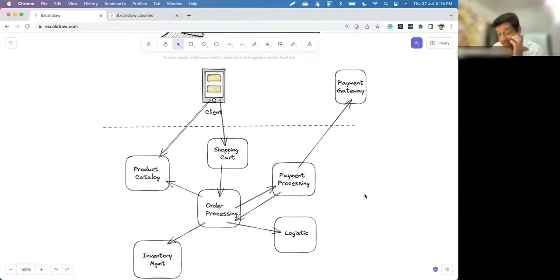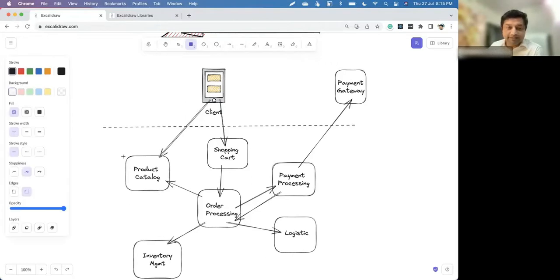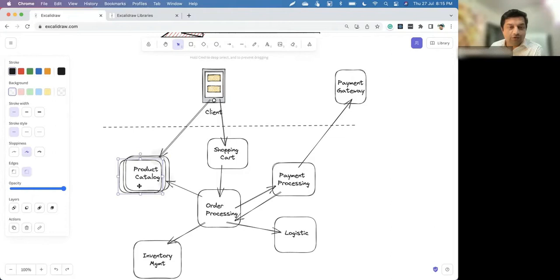So there was one challenge: these services we can now scale. We decided that product catalog is the most popular service out of all of these, because say a new iPhone gets released, and millions of users will be looking into the details of the iPhone, but only a few of them will be buying it, right?